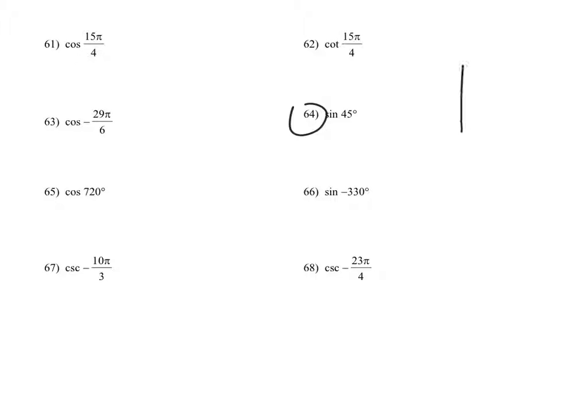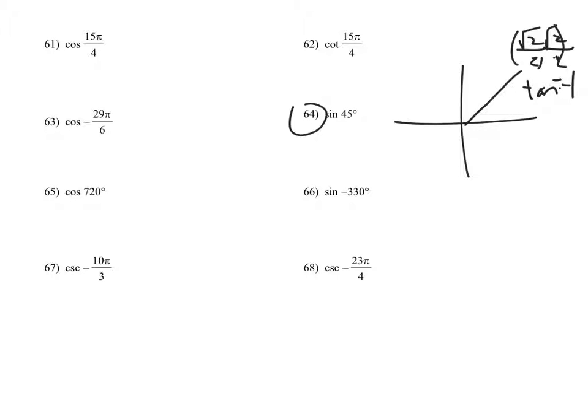So sine of 45. If you think about the sine, where's 45? 45 is here. So the coordinate there is square root 2 over 2 for the x, square root 2 over 2 for the y, and the tangent at 45 was 1.